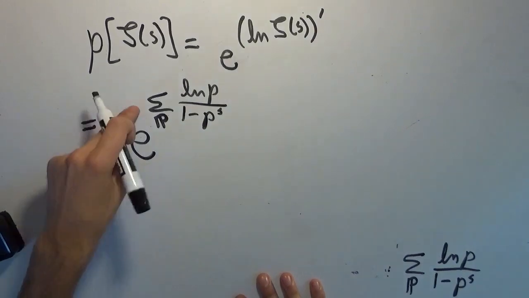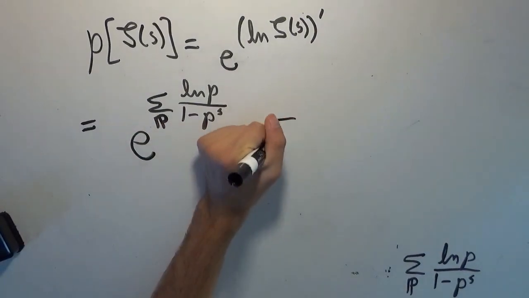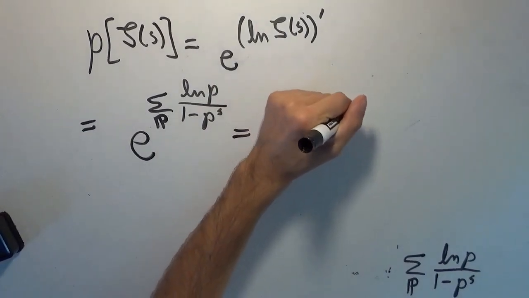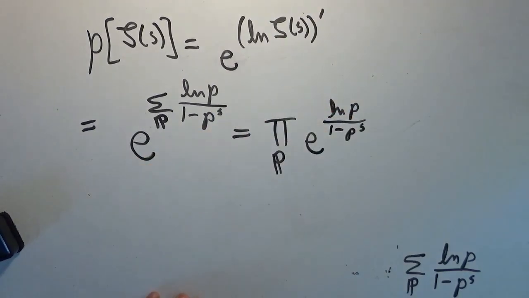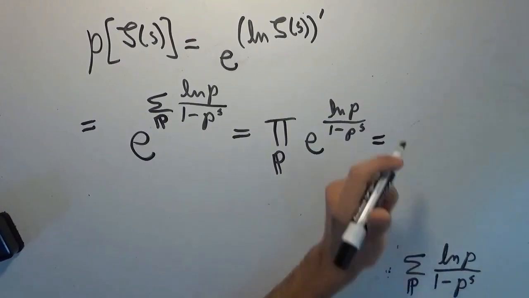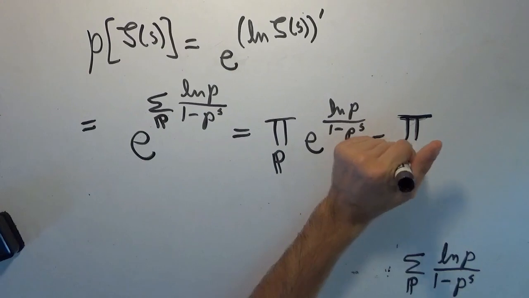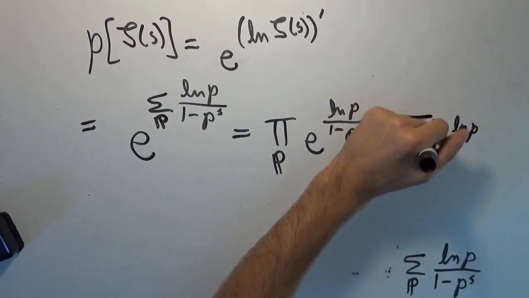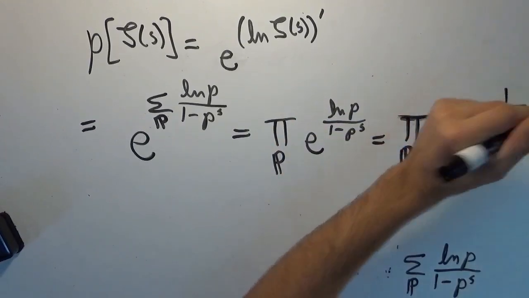But e to a sum of things is just a product of e to the power of all of those things. So this is the same as a product over the primes of e to the log p of 1 minus p to the s, but we can pull this out as a product of powers. So this is equal to the product over the primes of e to the log p, all to the 1 over 1 minus p to the s power.